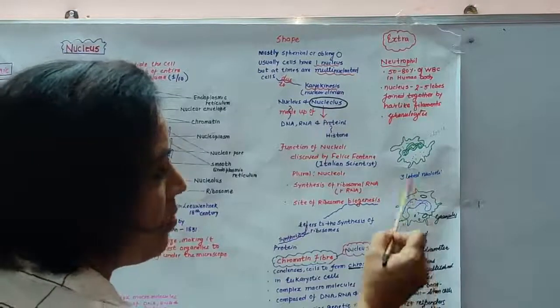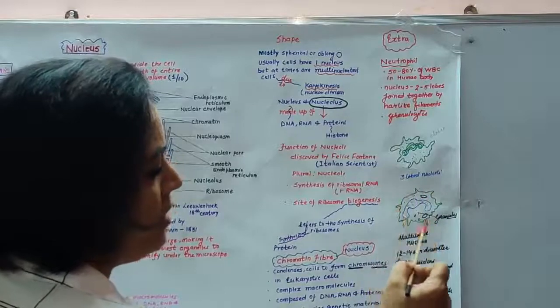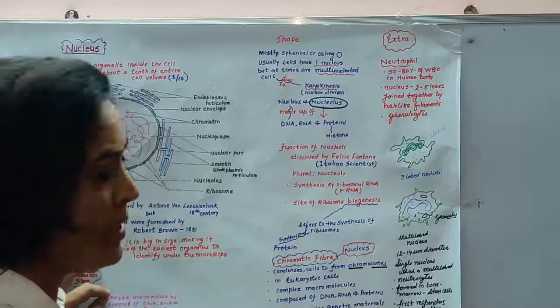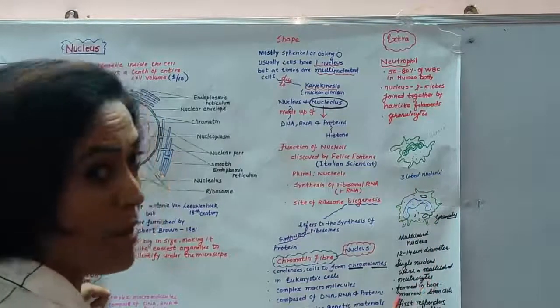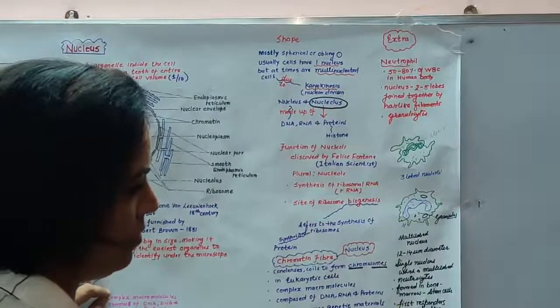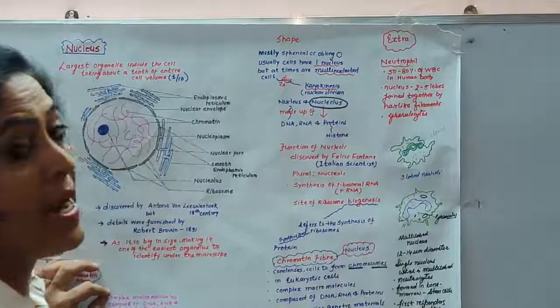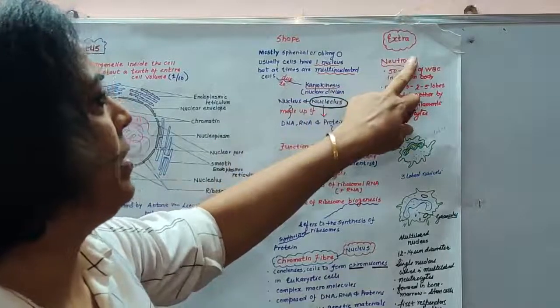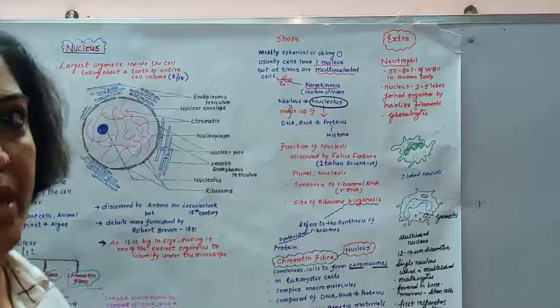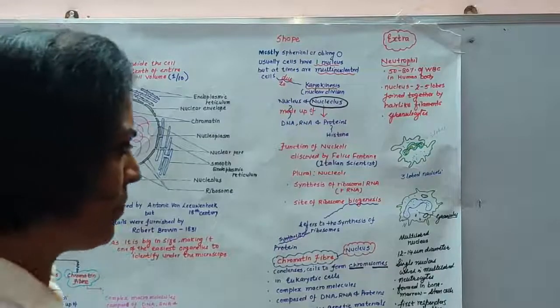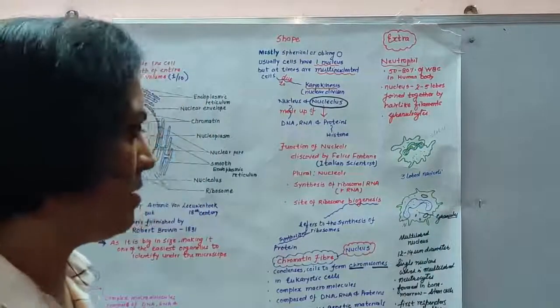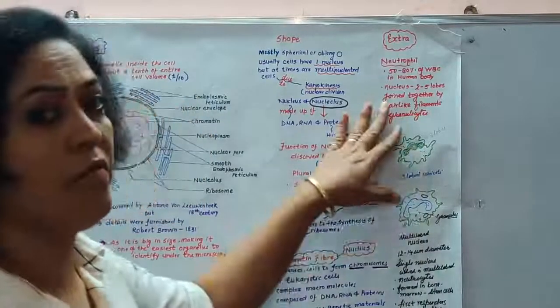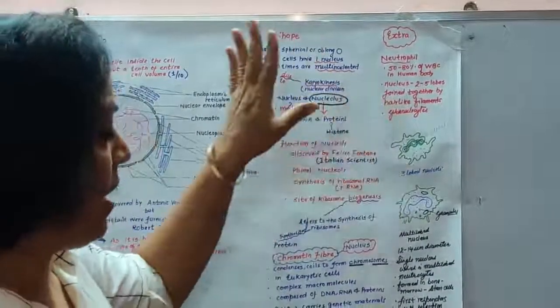Now this neutrophil is formed in the bone marrow. In case of any infection, you will find neutrophils high in the blood, because this is the first responder in case of infection.